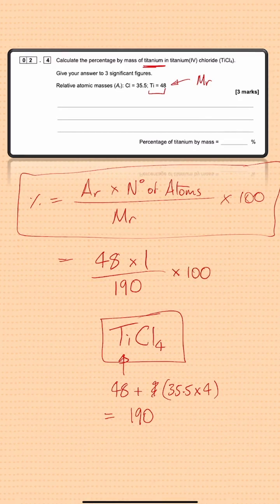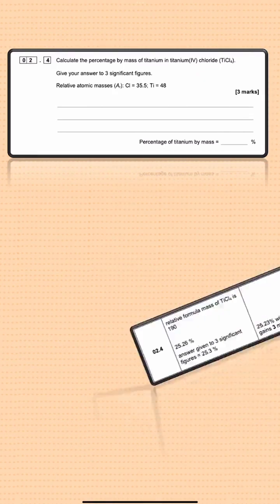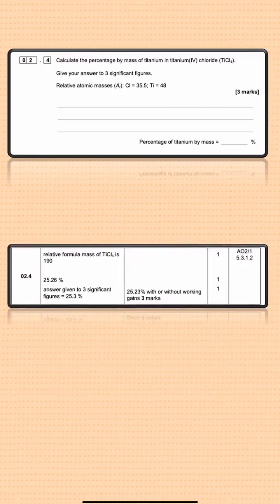And yep, we're getting the answers now. It is 25.3%. Hopefully that makes sense. Let's quickly look at the mark scheme for that. So you get a mark for getting the 190, so for figuring out what the MR is, and then you get a mark for 25.26 because the question specifically says give it in 3 significant figures.